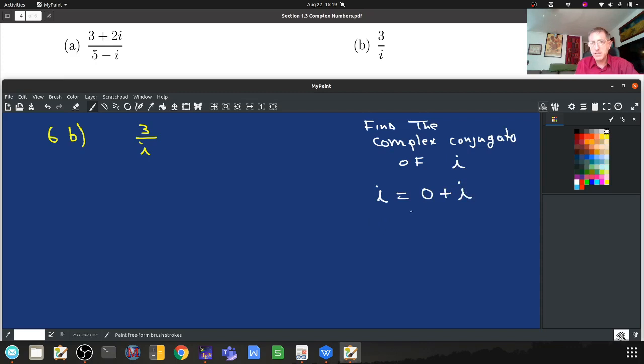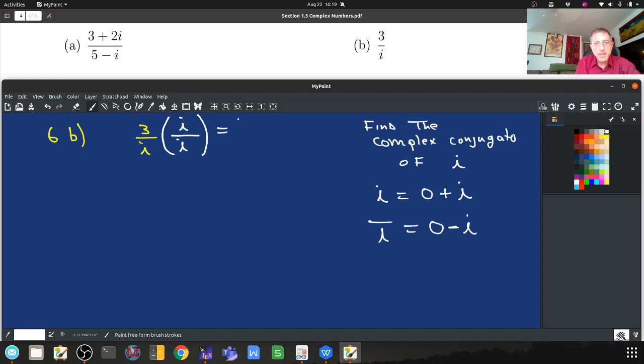So now I have it in the standard form, so the conjugate of i, which we often denote by a bar, you don't have to know that, would be equal to 0 minus i. So the conjugate of i is minus i. But in this case, I don't even have to do that, because all I want to do is transform it by multiplying by a value of 1. So i divided by i is 1.